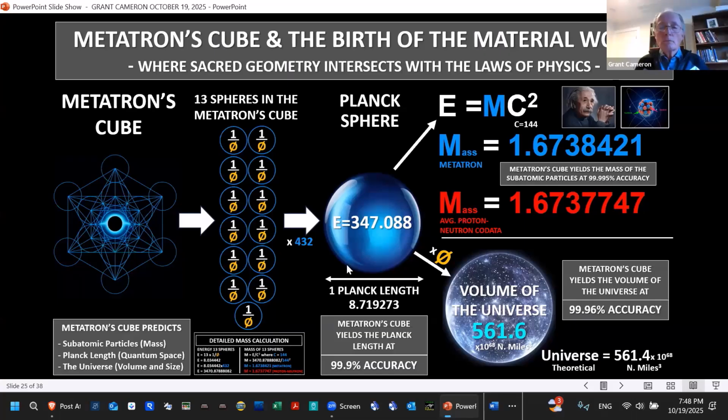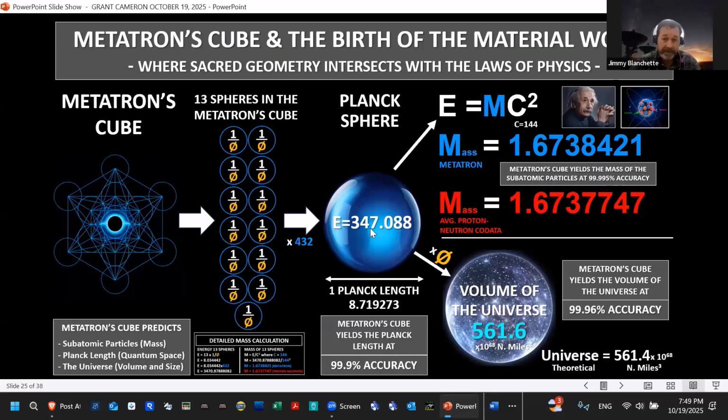And 1 Planck length is the fundamental of quantum physics, the smallest oscillation of energy that can exist at the quantum scale. So it's fascinating: these 13 spheres from Metatron's cube turn this sacred geometry into quantum physics. We create that connection to the Planck length.